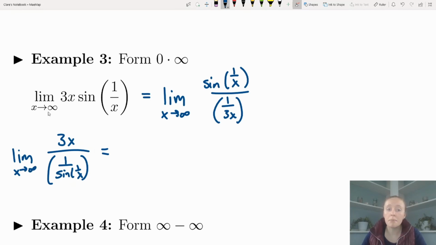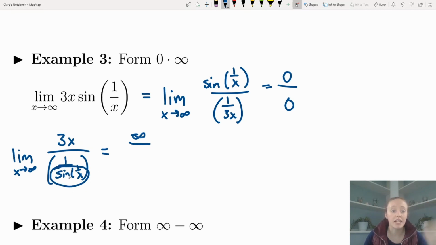So if you look at me taking the limit as x goes to infinity, up here I get 0 over 0 now, because 1 over 3x as x goes towards infinity, that fraction gets smaller and smaller. Whereas down here, if I take the limit as x approaches infinity, I'm going to get infinity over, well, we already said the sine of 1 over x as x approaches infinity goes to 0, and 1 over a number that's continuing to get smaller is going to get bigger. So that's infinity over infinity.